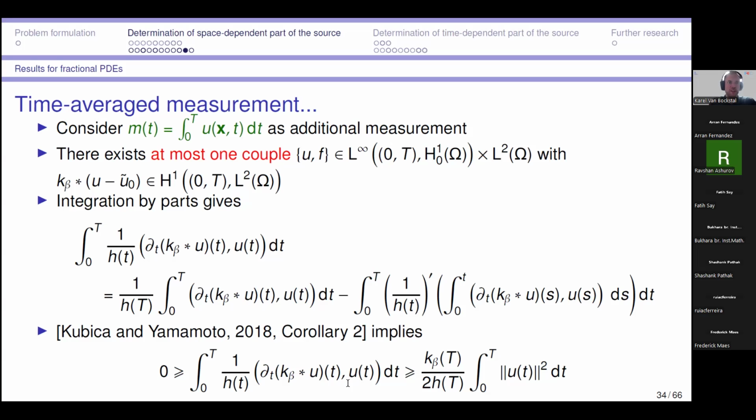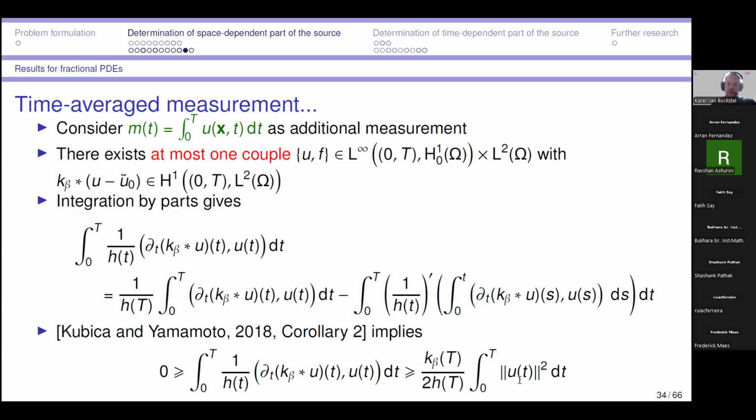I will briefly say here that you can also consider a time average measurement of u in time. Then instead of multiplying with the time derivative of u, you can multiply with u, divide by h, and integrate in the space and time domain. Then, again using integration by parts and the result of Kubica and Yamamoto, we get that the L2 norm in time of the L2 norm of u is equal to 0, implying also the uniqueness of a solution.